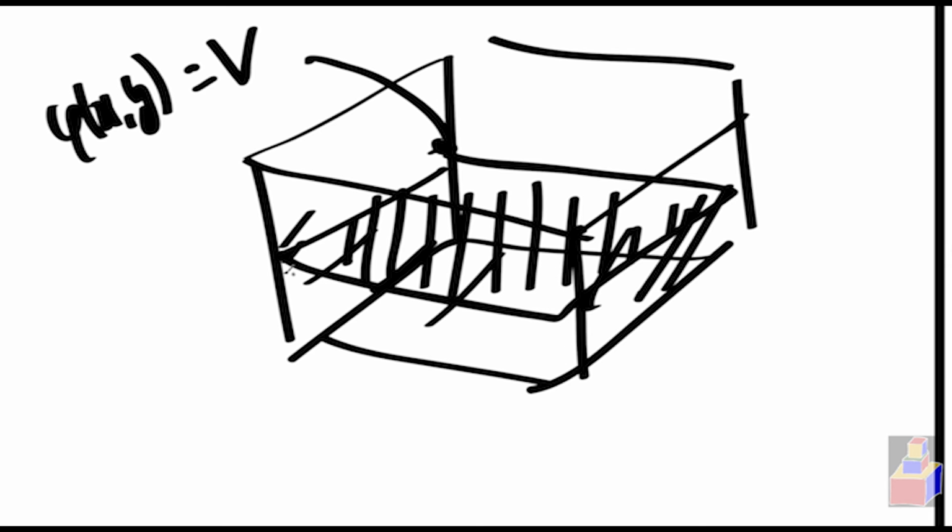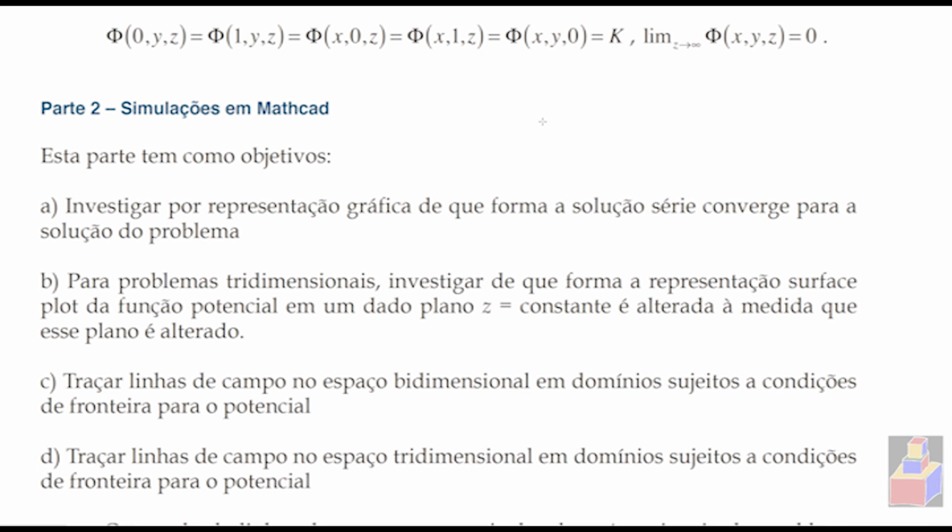So we want to make a continuous transition of this plane from 0 to C, and see how the potential continuously changes from the 0 value up to the constant value here. So we're going to do some animations too. This is the other objective.